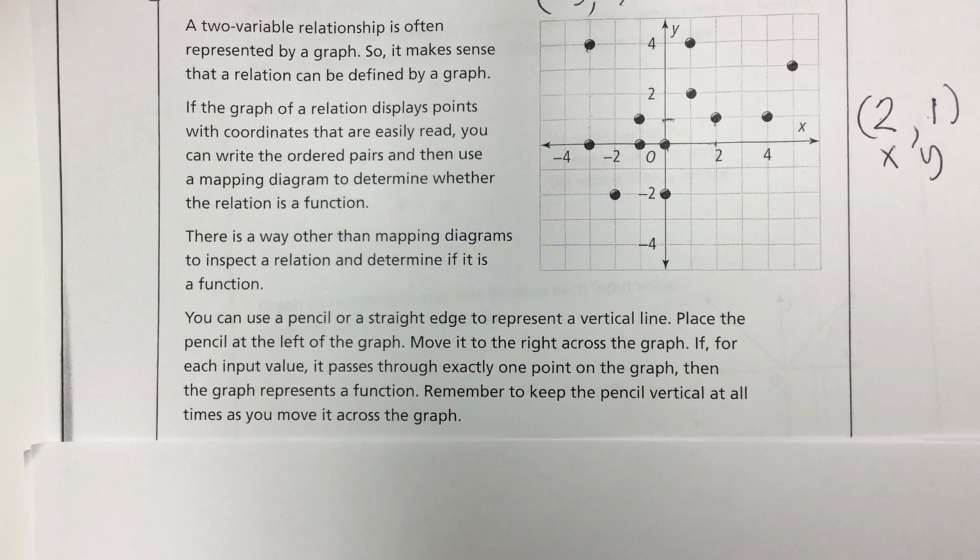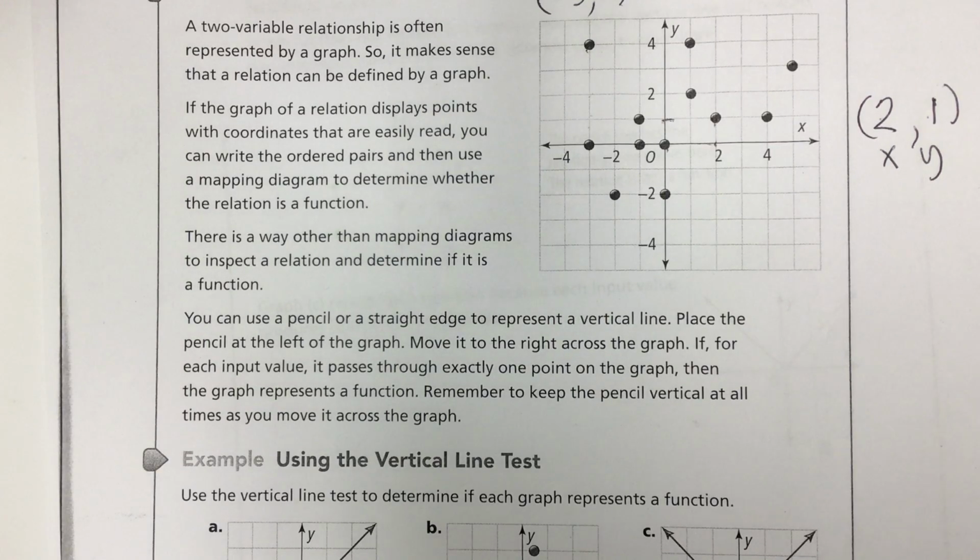If for each input value it passes through exactly one point on the graph, then the graph represents a function. Remember to keep the pencil vertical at all times as you move it across the graph.